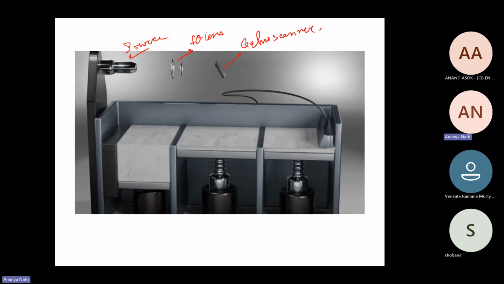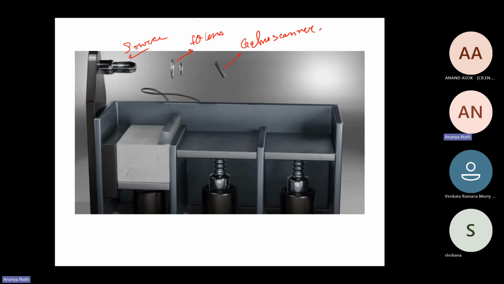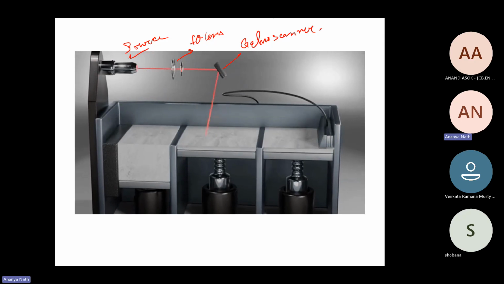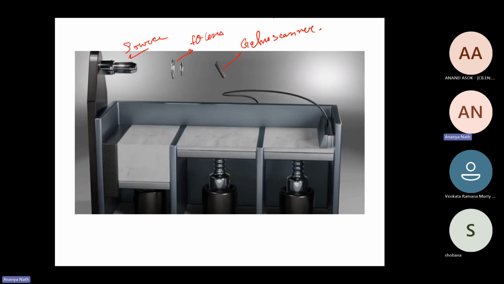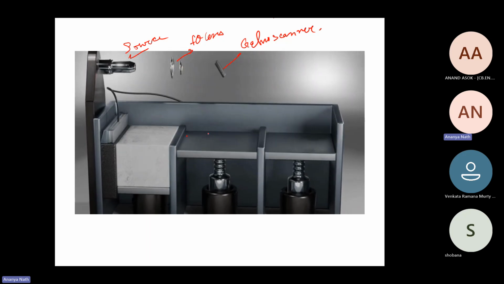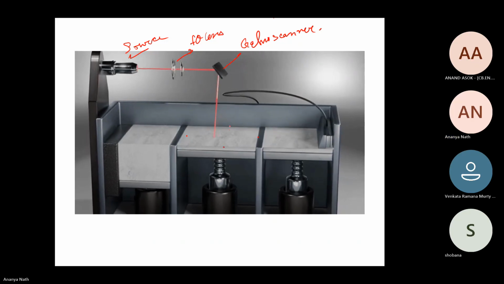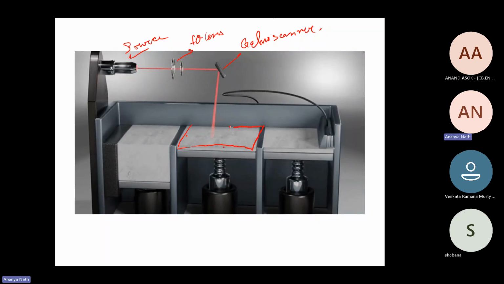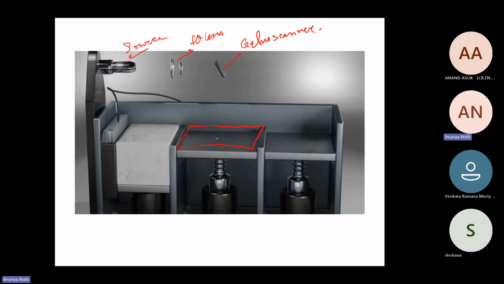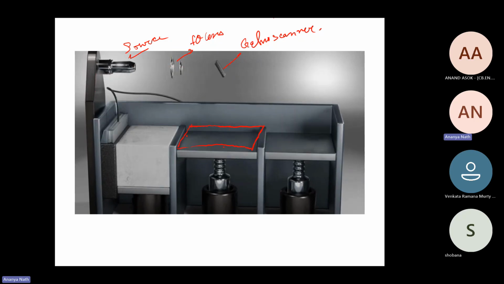The source is there to produce the laser. The F theta lens is there to keep the laser focused from here to here and here to here. So this is my zone of interest, or my build plate volume, you can say build area. This is my build area.